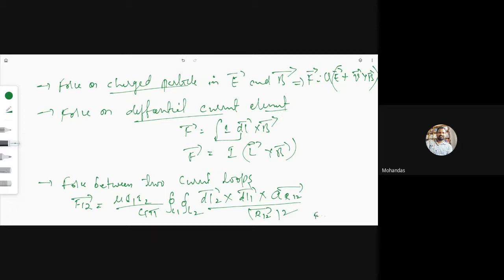Likewise, F21 also. These are the three forces we have discussed so far. Now let us discuss the last force.